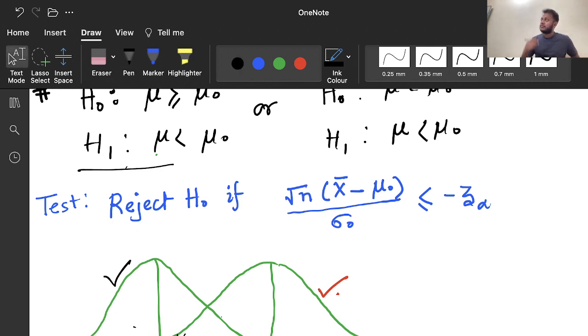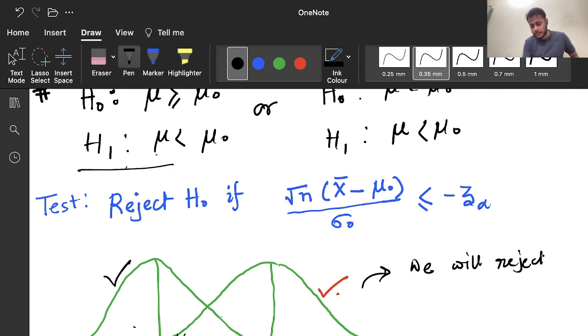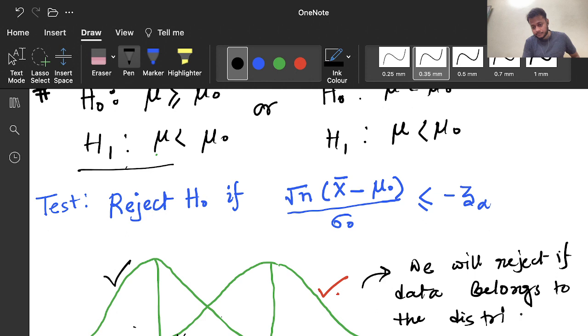Let me restate: we will reject if the data belongs to the region below the minus z alpha point.